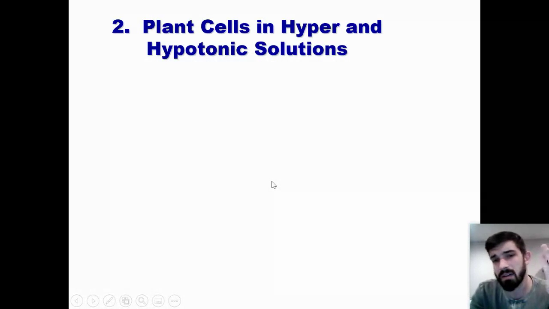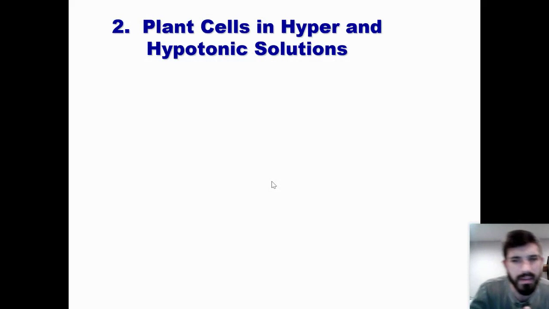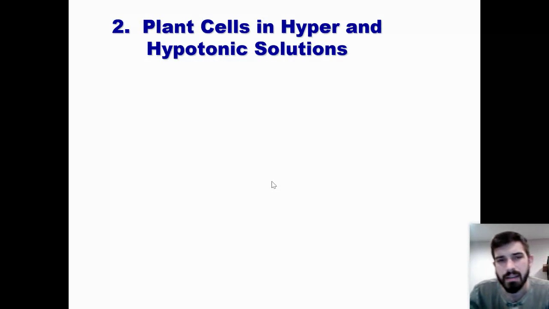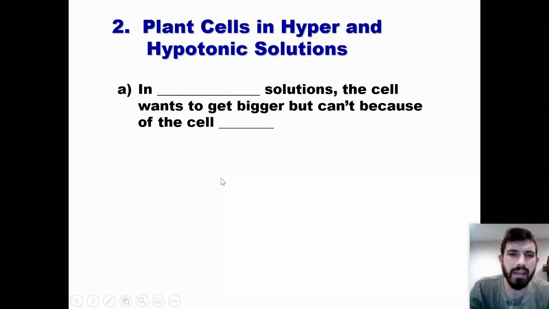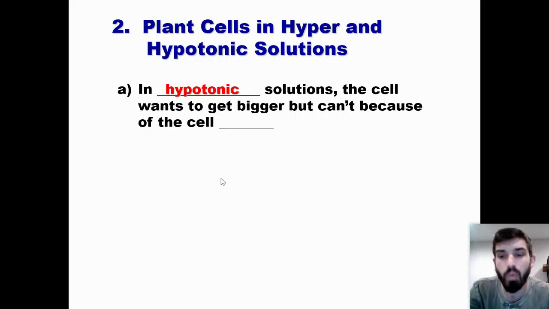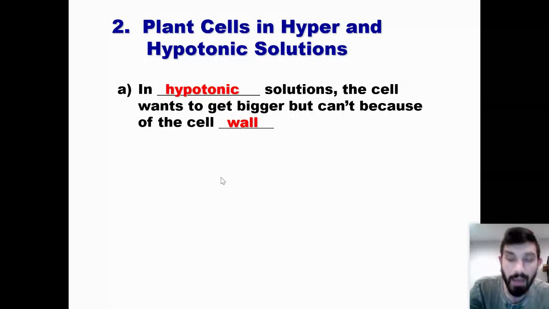Let's talk about how this affects plants. So plant cells in hypertonic and hypotonic solution. So in a hypotonic solution, the cell is going to want to get bigger, right? Because there is more water outside of the cell, right? However, that cell wall on a plant cell, it's very sturdy.